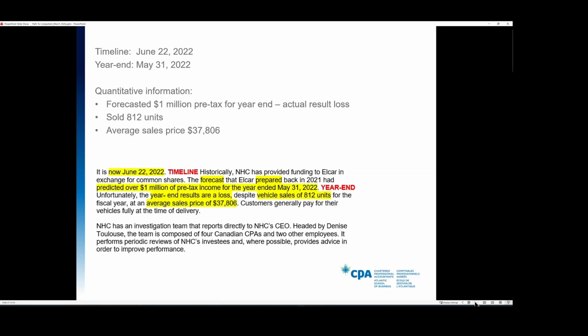Elgar was forecasted to achieve $1 million pre-tax income for year end, and they actually had a loss. They sold 812 units, and the average sale price was 37,806. So I'm going to put that in there because I might need it when I go to perform my quantitative analysis.